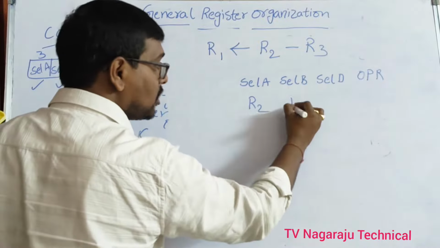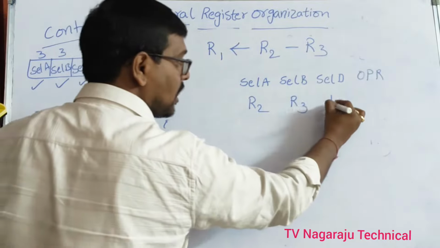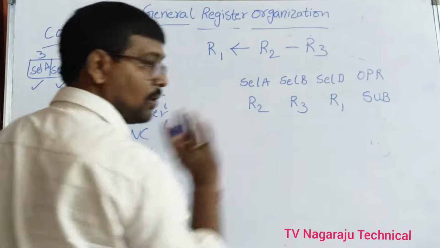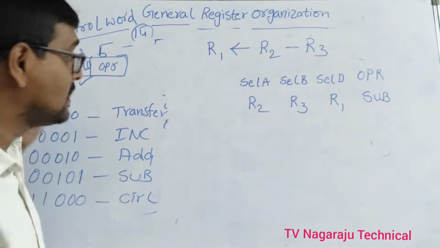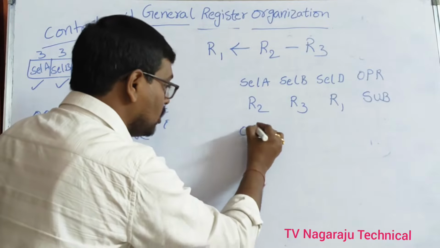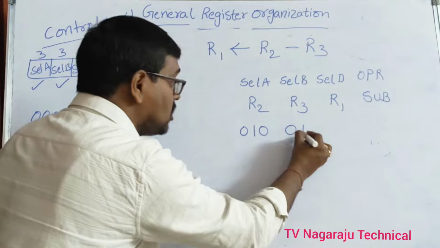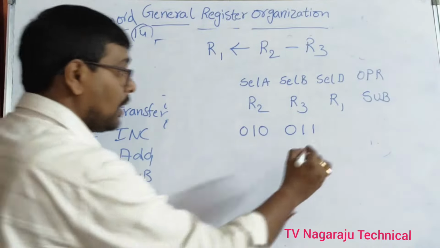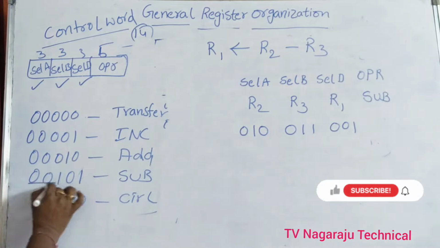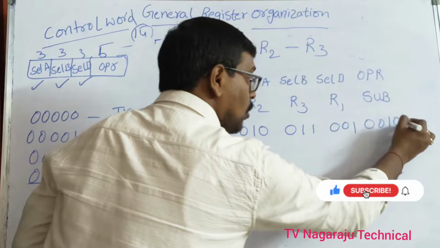Selection B, register R3. Selection D, destination register R1. What is the operation? Subtraction. How is the control word designed? R2, the binary representation is 010. R3 is 011. R1 is 001. Now subtraction is 00101.